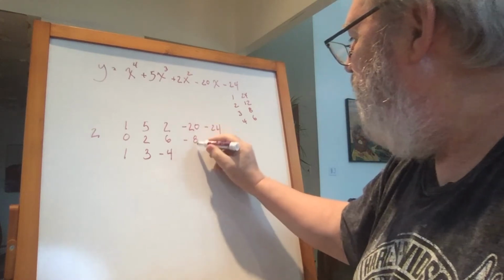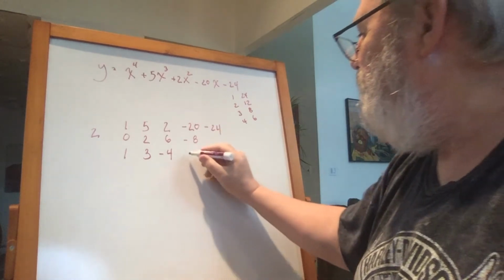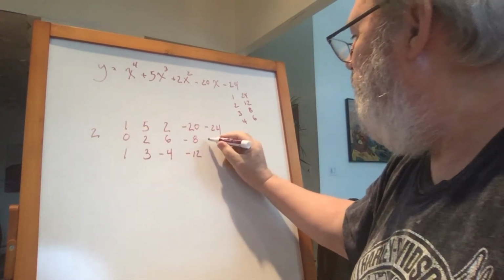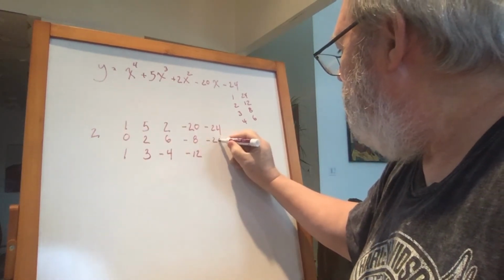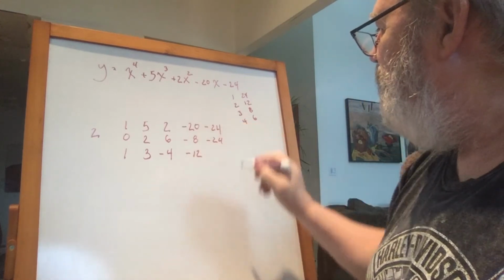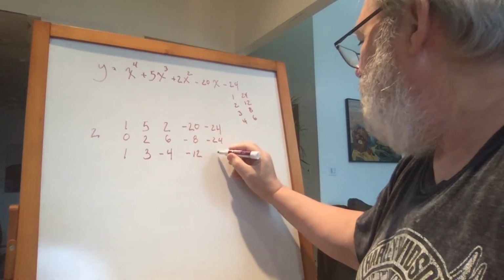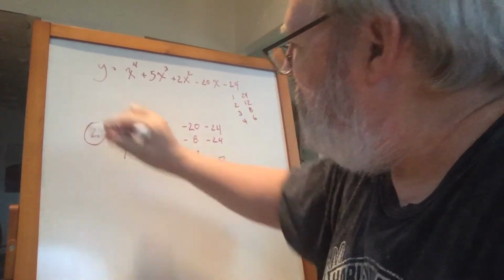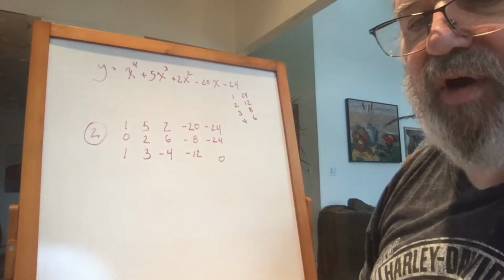And minus 20 minus 8 is minus 12. 2 times minus 12 is minus 24. And minus 20 minus... minus 24 is 0. So 2 is a factor.